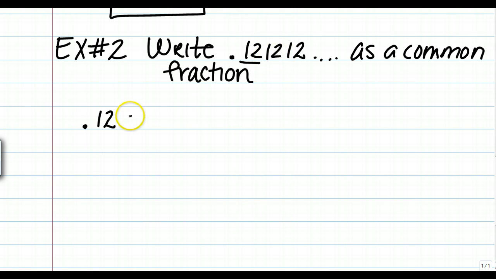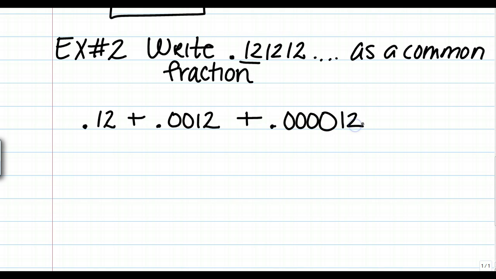To get the next 0.12, I can add 0.0012, and if I add these two together, I would just have 0.1212. The next one would be 0.000012, and it would keep going on forever like that. You have to move the decimal point over twice every time to make sure that you're getting your 12s in the right spot. So I have 2 spots here because I have 2 spots here, and I have 4 spots here because I have 4 numbers here, and I have to get the next one too.